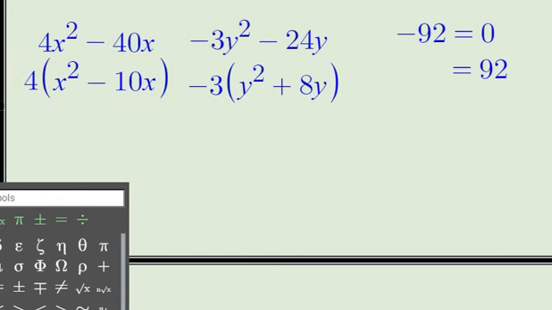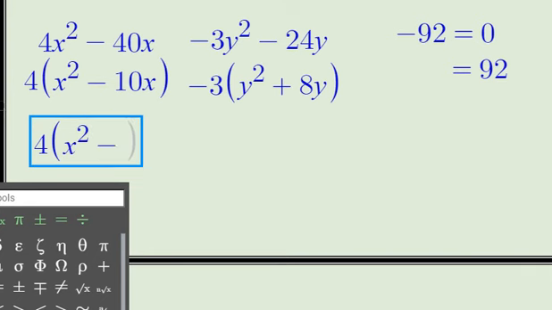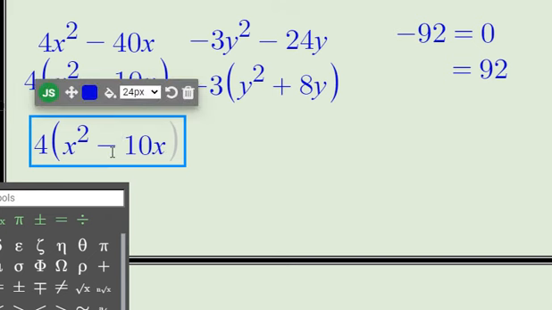Now, what I actually need inside of parentheses is a perfect square trinomial. So I know I have my 4 in front, and there is x squared minus 10x. But the last thing is, I take half of that negative 10, I get negative 5. When I square it, I add 25.